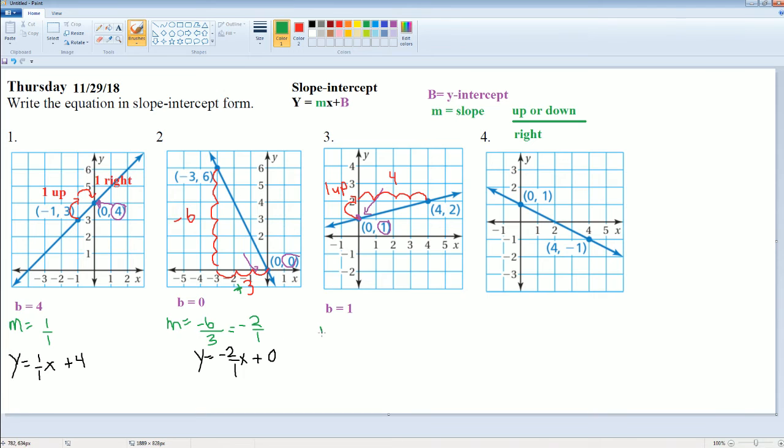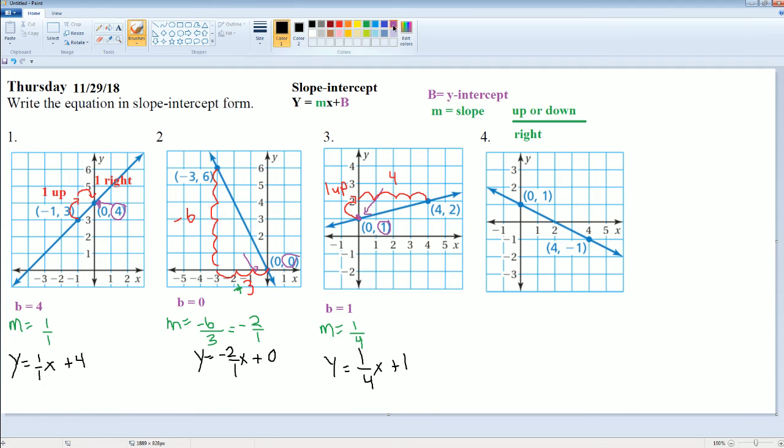So our slope, which is 1 up, which is 1, 4 to the right. Okay, so y is equal to 1 over 4x plus 1. Okay, 1/4 is the slope, x plus 1, which is the y-intercept.